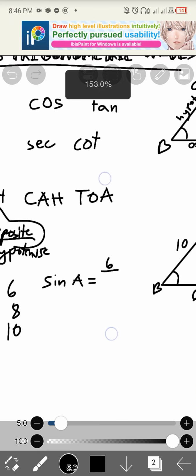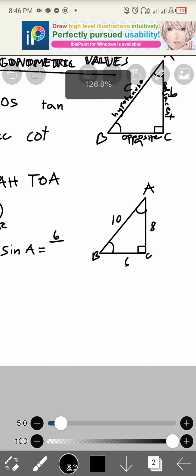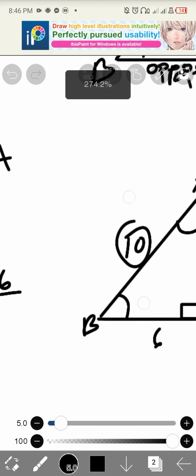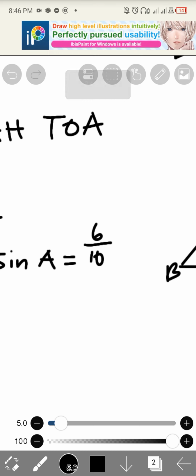And we all know that the biggest side of a triangle is the hypotenuse, which is 10. Substitute. Now, when it comes to fractions, you always need to simplify when it's available. What number can divide 6 and 10?